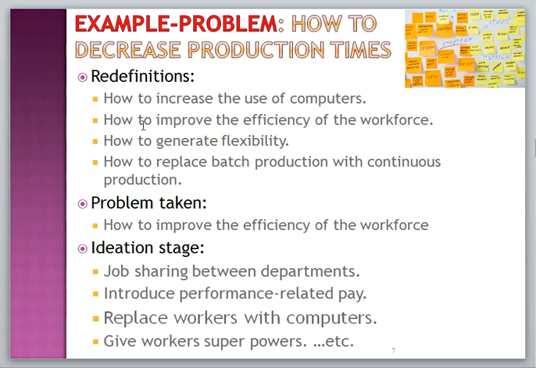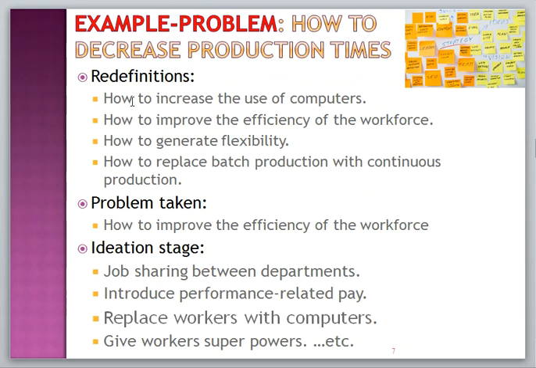We may redefine the problem to how to improve the efficiency of the workforce. So the problem is not about automation, it's about people not being so productive. How to generate flexibility. Another person may say how to replace batch production with continuous production. So we have some batch productions in cells and shops, and how can we move to some product line, automatic ones.